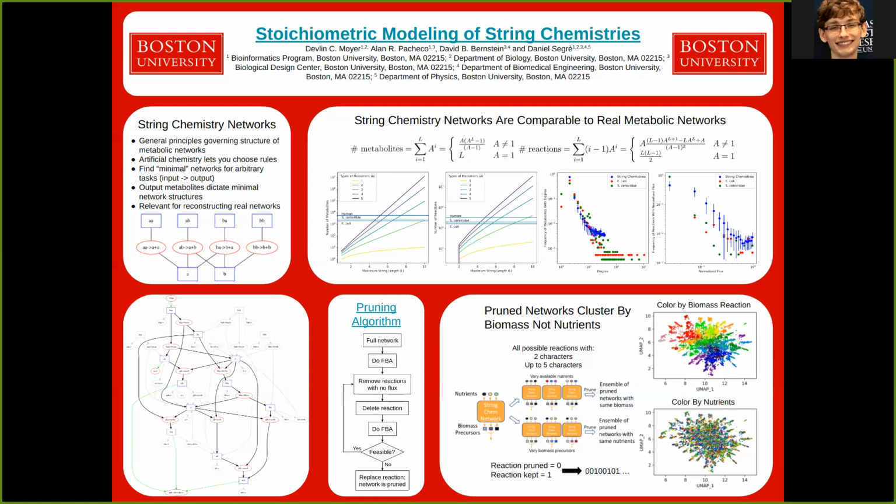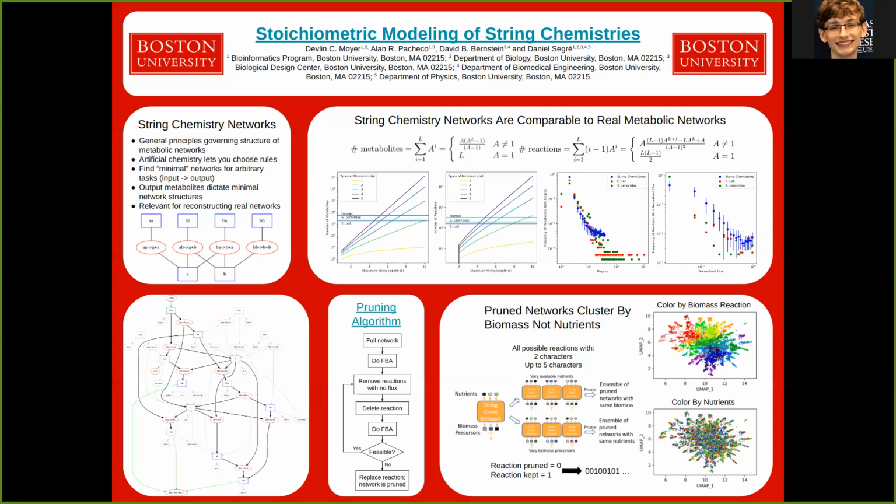And we pruned all of them and wanted to compare the structures of these pruned networks. In order to visualize these pruned networks, because they're all complicated and messy, and it was hard to align the networks themselves to visually inspect them, we represent each pruned network as a binary vector where we have all the reactions in a specific order for the universal network. We have a 0 if it's not present in the pruned network we're looking at, and a 1 if it is kept in the pruned network we're looking at.